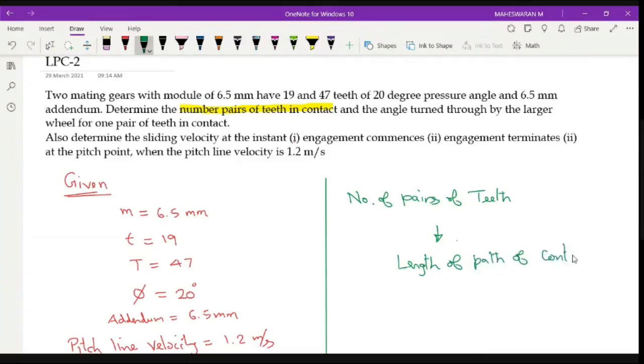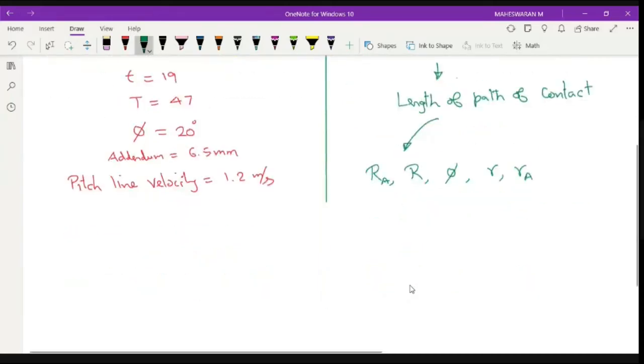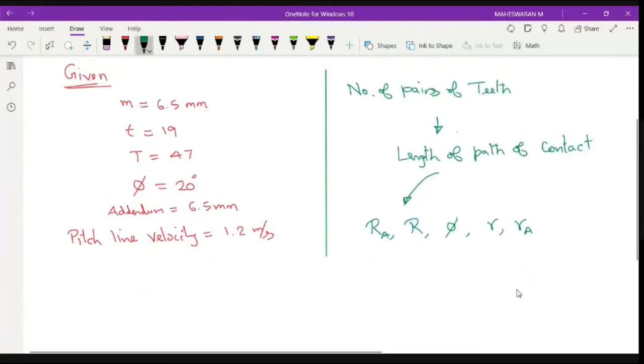If you want to identify the length of path of contact, the data required for the formula are capital RA, capital R, phi, small r, and small ra. I am directly writing these out instead of writing the formula. So you have to identify these data one by one. Since you know the module, you can identify these things.